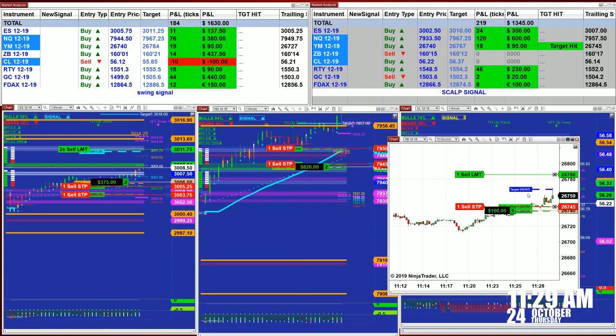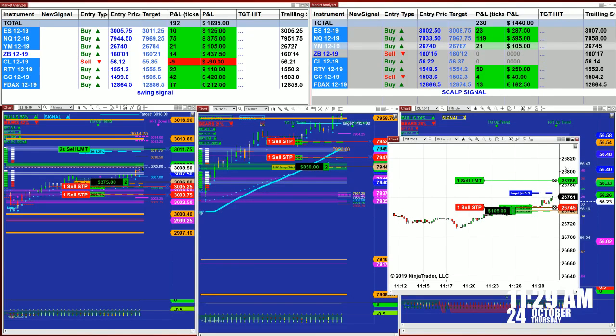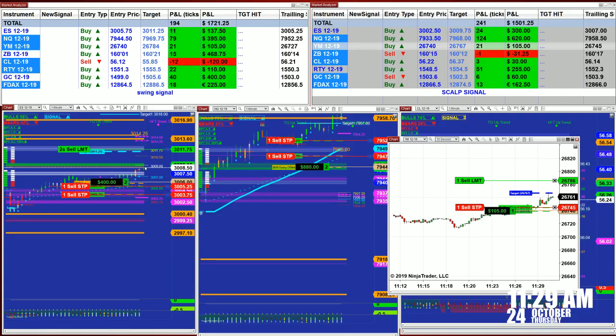And as we see, the scalper hit the target, and the target hit on the YM, 19 ticks. But if you are making a bet on the ES across the 309, that means there is much more potential on the YM.